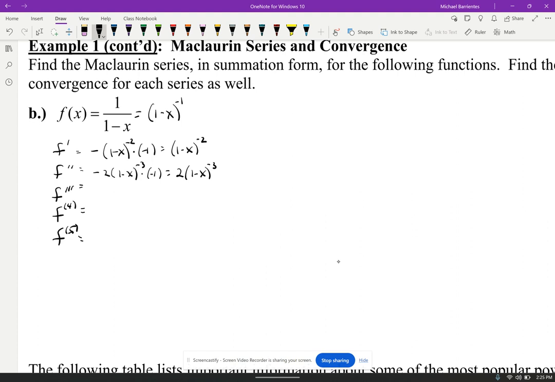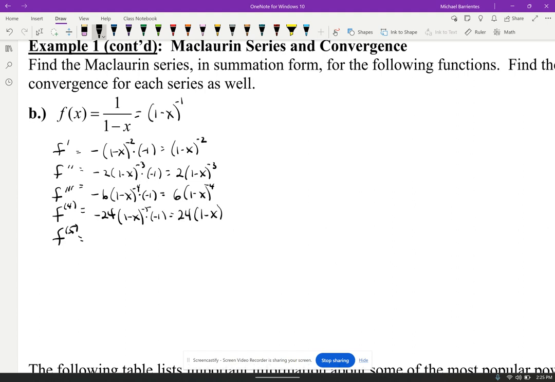Take the derivative again. Negative 6 times 1 minus x to the negative 4 times negative 1. Well, that's 6. Now, wait a minute. Have we seen these numbers before? And then multiply, that would be negative 24 times 1 minus x to the negative 5 times the derivative of the inside, and that's positive 24.